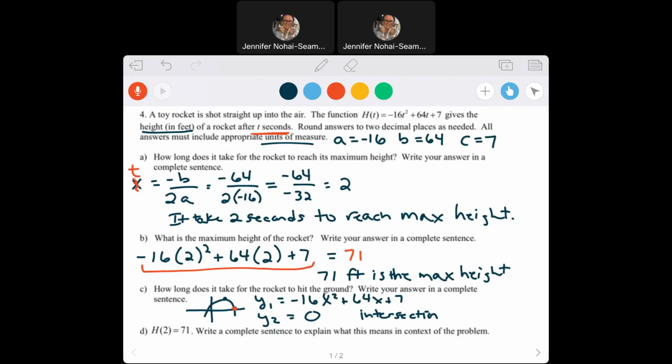So we had said, letter C, how long does it take for the rocket to hit the ground? And so the answer is this. It takes 4.11 seconds to hit the ground. Oops, I spelled that wrong, I'm sorry.